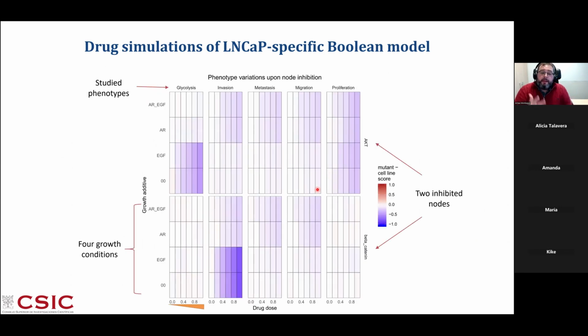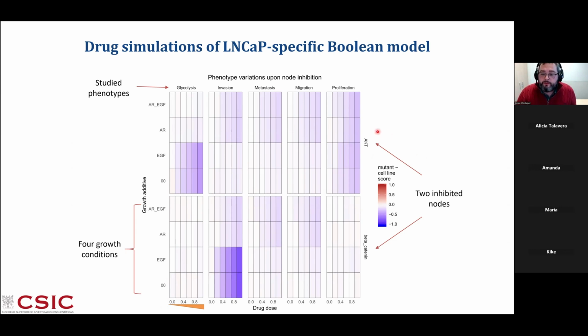So likewise, with these dosage experiments that I was saying before out of MaBoSS, what you can do is have increasingly inhibitory effects on the model. So you can work as if you were working with different drugs that would inhibit the activity of a given protein.